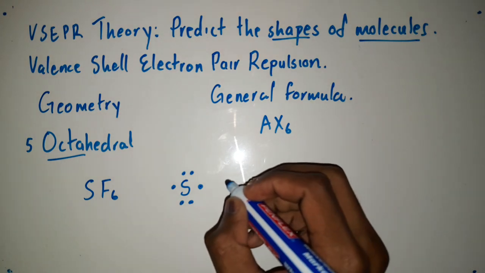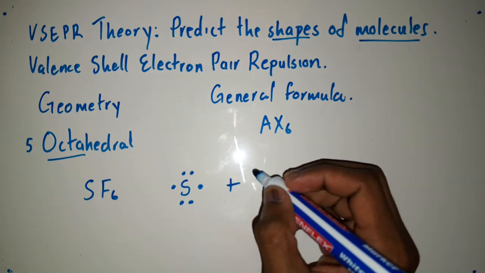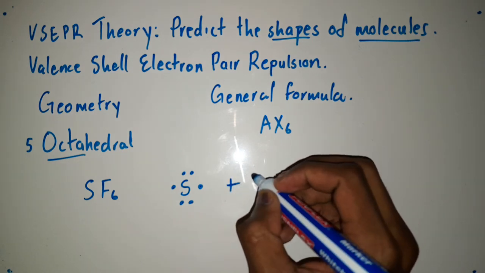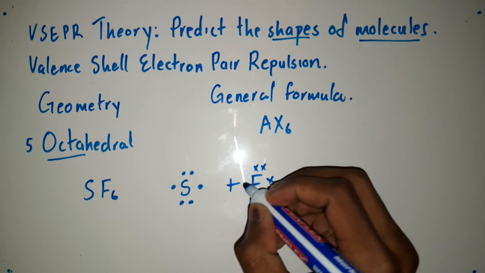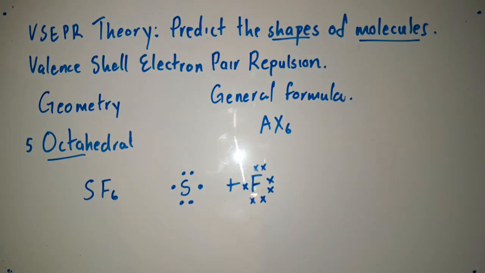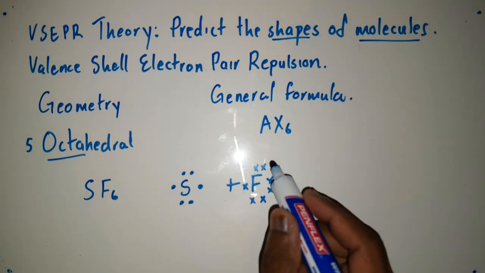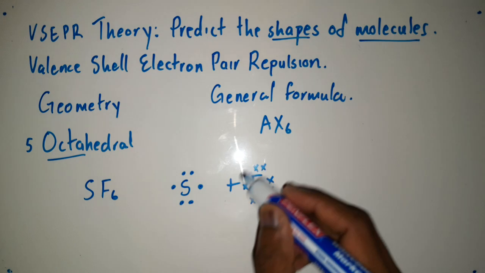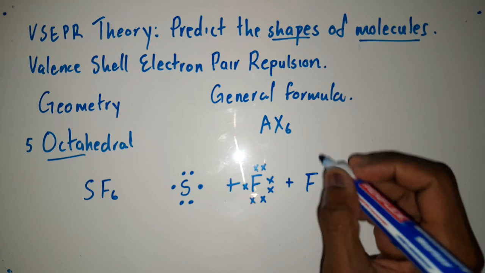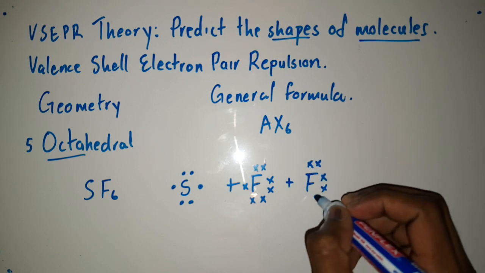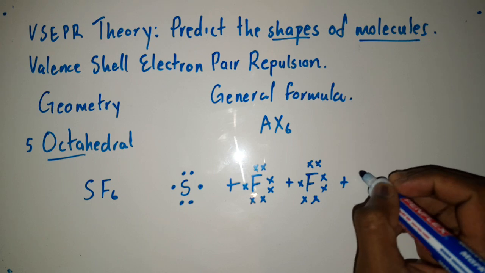Then we know that sulfur fluoride can be written in this format. Fluoride, like this. We have 7 in the outermost energy level, valence electrons. Then now, what I'm going to do is, we are going to have 6 of this, like this, plus another one.